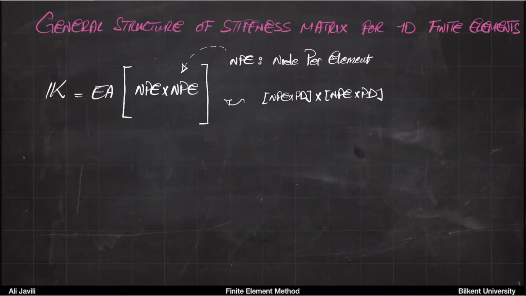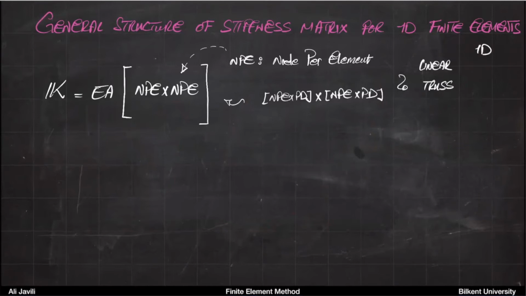Okay, but for now, this means that if you have a linear truss, let's say, in 1D, the stiffness would be 2 by 2.